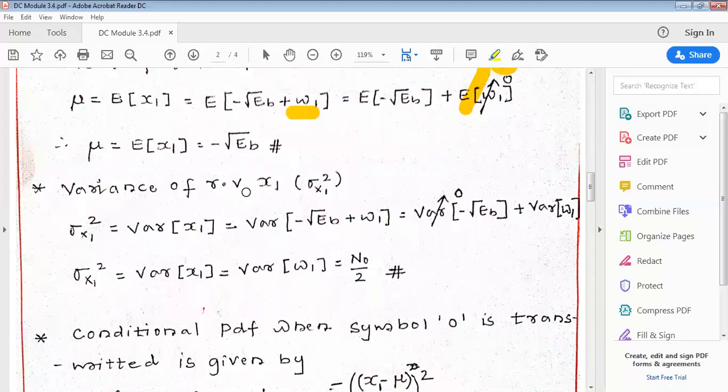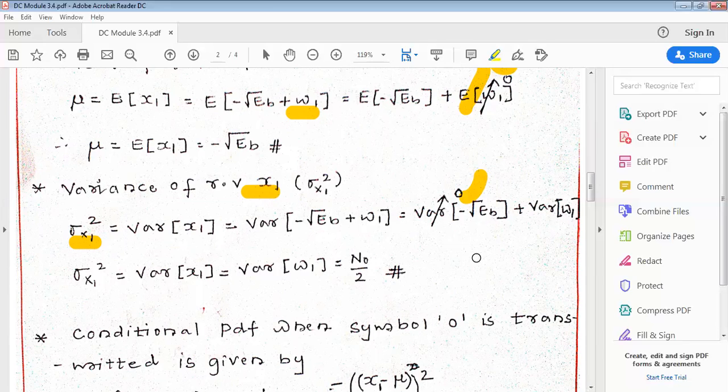The variance of this random variable x1, which is the square of the standard deviation, is the variance of minus square root of Eb plus w1, which is the variance of minus square root of Eb plus the variance of w1. And the variance of a constant always yields 0. So please remember, the mean of a constant is the constant itself and the variance of a constant is 0, right? And here we have the variance of w1.